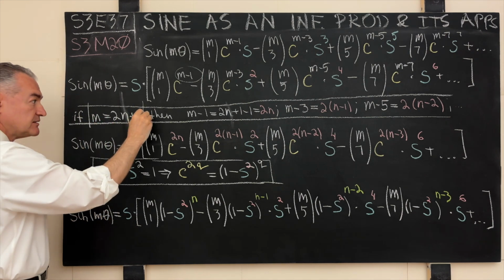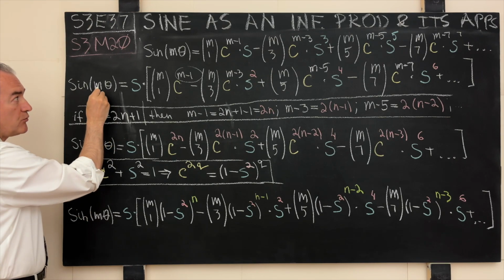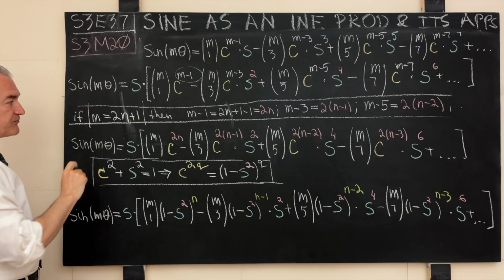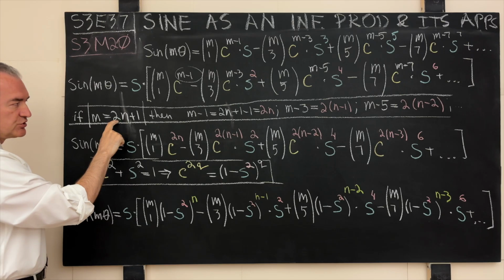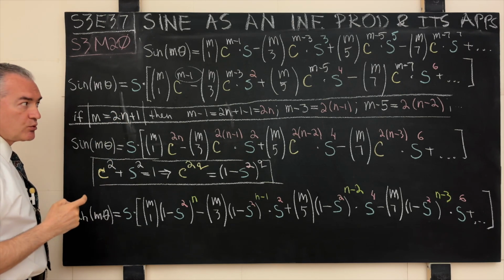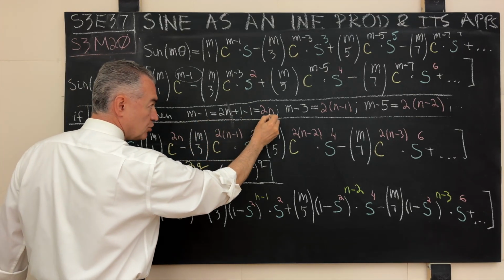If we demand by our will that the number M, which you saw a few seconds ago in De Moivre's formula, is odd, or representable as 2 times n plus 1 for a suitable integer n, then what will happen? Well, write it down. M minus 1: 2n plus 1 minus 1, 2n.